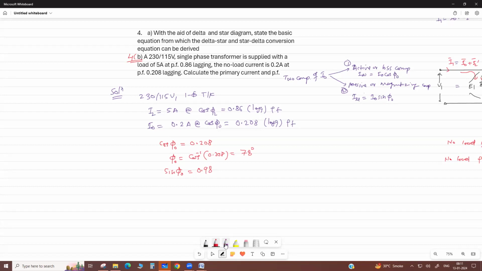Then we can calculate the two components. Therefore, the two components of I naught: I naught cos phi naught and I naught sin phi naught.